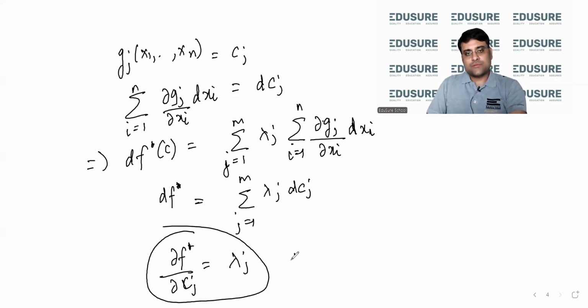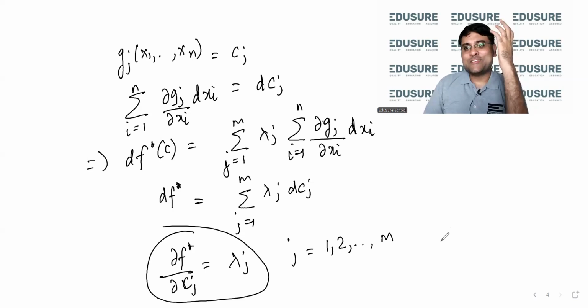If I consider a single value, that basically tells us that if I increase the constant value in the constraint by whatever, it affects my optimal f according to the Lagrange multiplier.